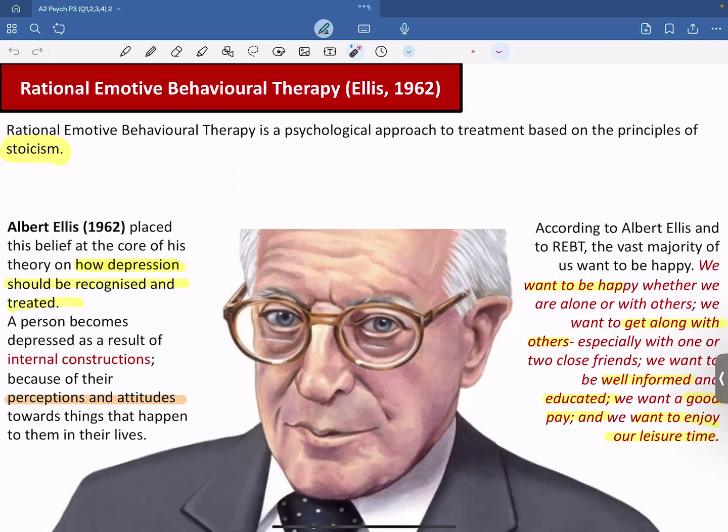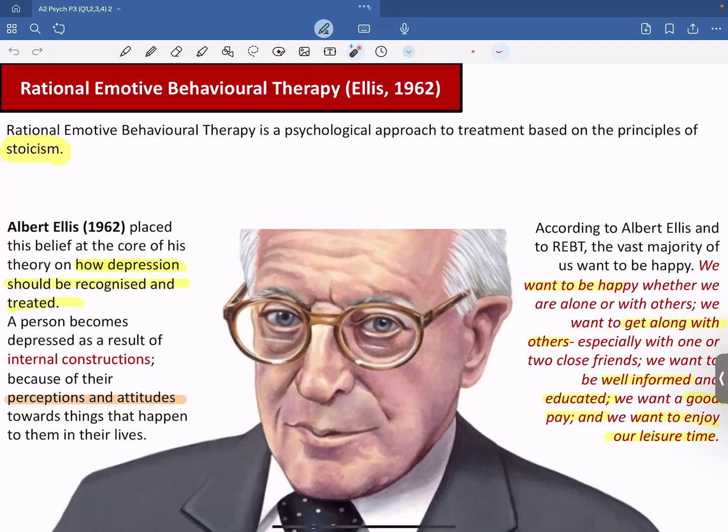So Albert Ellis placed the belief of stoicism at the core of his theory on how depression should be recognized and treated. A person becomes depressed as a result of internal constructions. According to Albert Ellis, us as individuals, we become depressed because of our internal constructions.